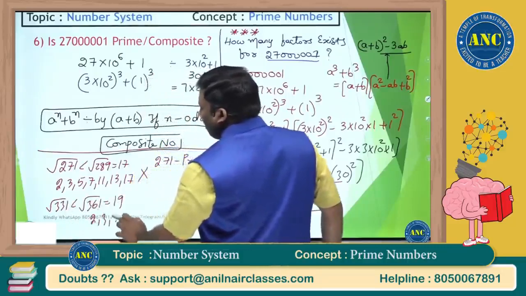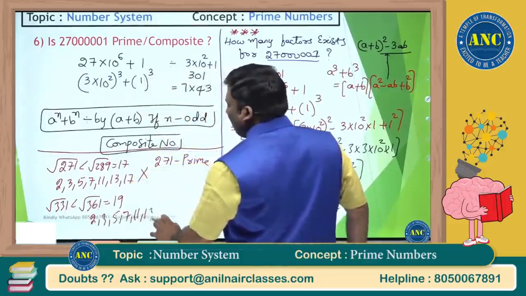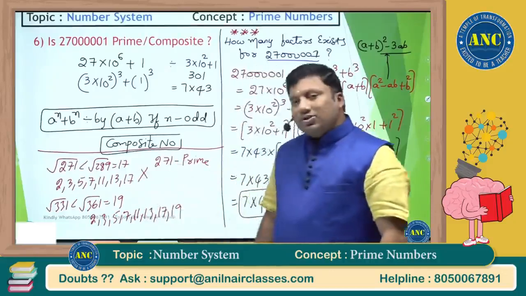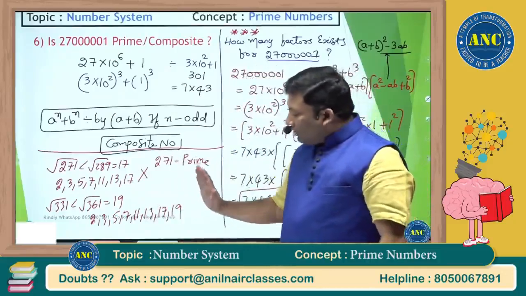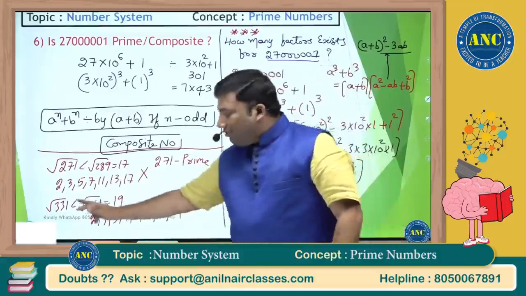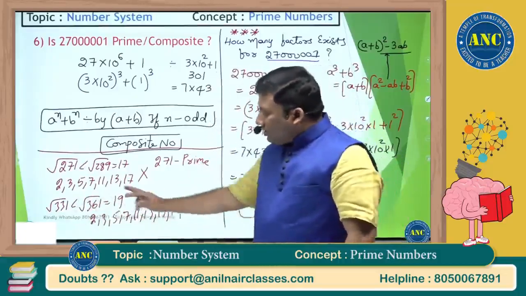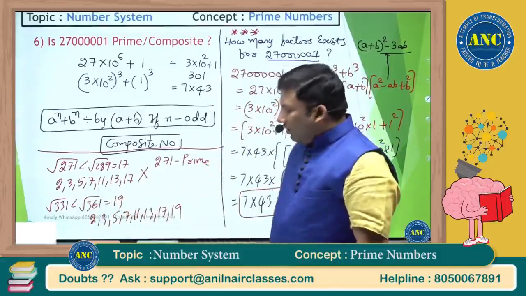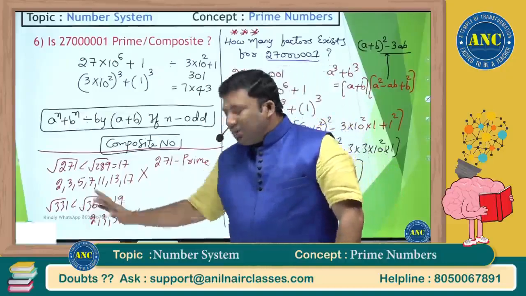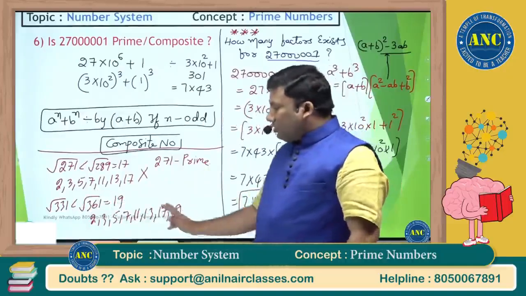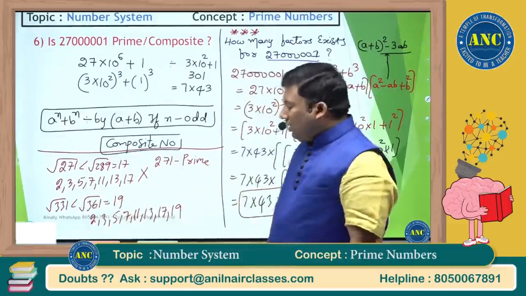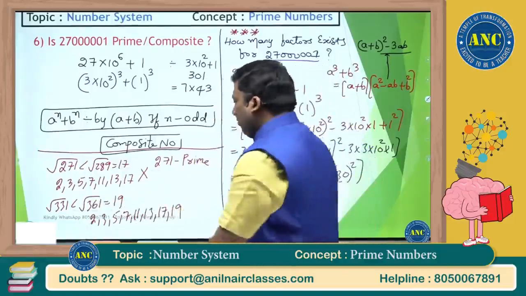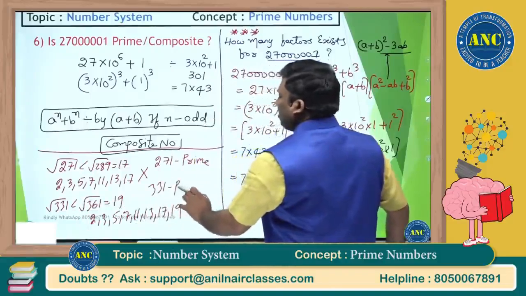The prime numbers less than or equal to 19 are 2, 3, 5, 7, 11, 13, 17, 19. 331 is not divisible by 2, 3, 5 or 7. 7 4s are 28, 51, not possible. 11, not possible. 13 2s are 26, 71, not possible. 17 1s are 17, 161, not possible. 19 ones are 19, 141, not possible. 331 is a prime number.